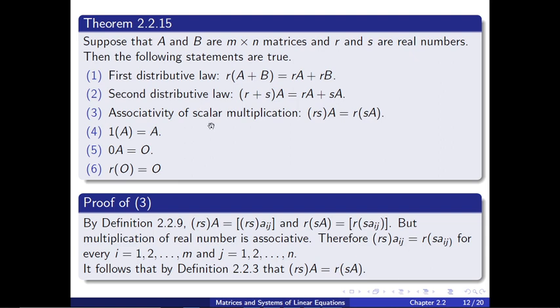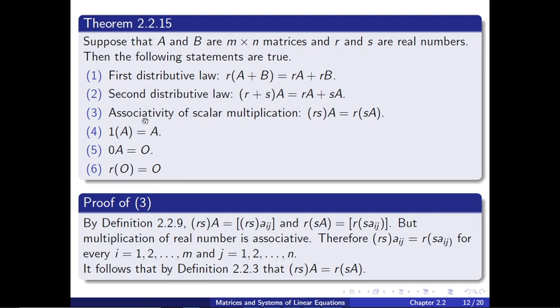And the third one is associativity of scalar multiplication. So we have (RS) times A is equal to R times (SA). So we will be able to use these properties to navigate when we are doing addition, multiplication, whatever we are doing with matrices.